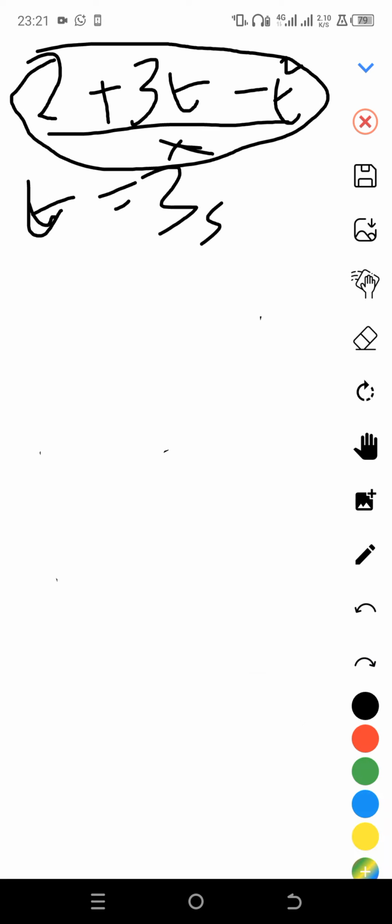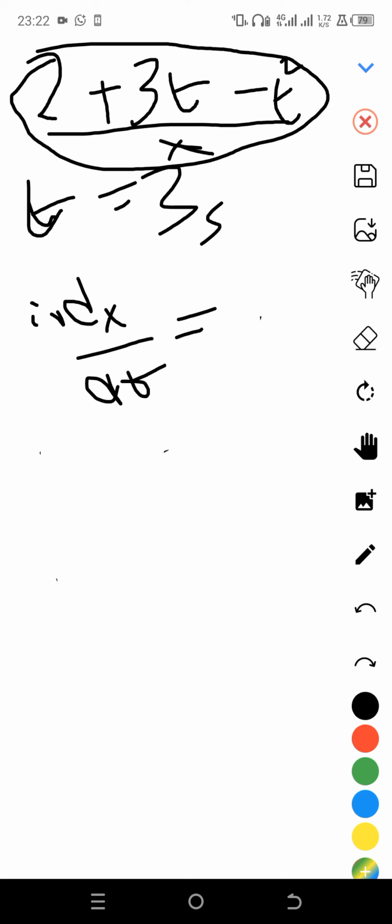So dx/dt must be equal to, now you have to take note that the derivative of a constant is always 0.